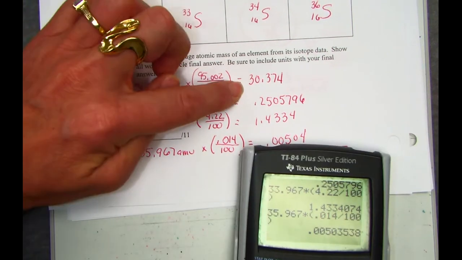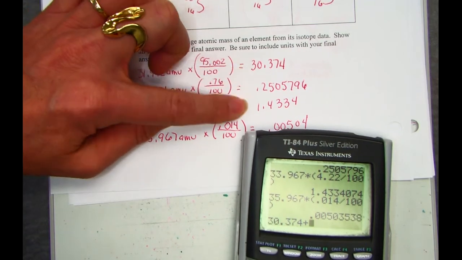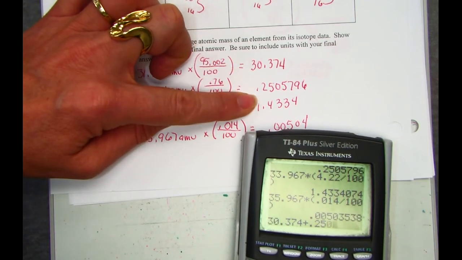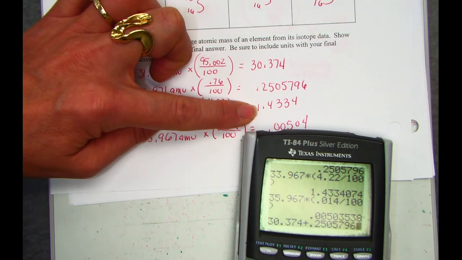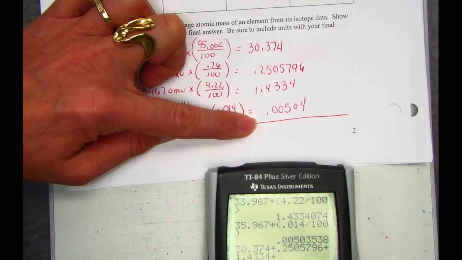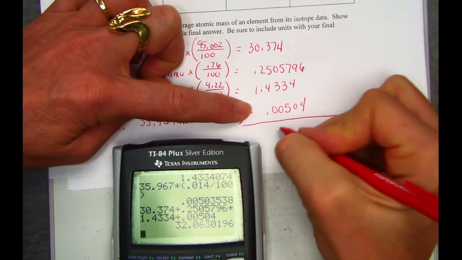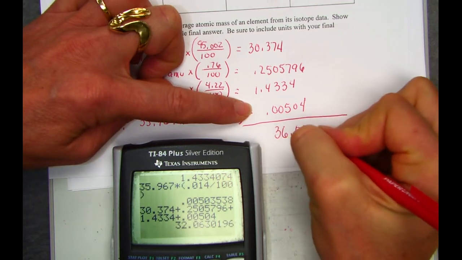In the first set, 30.374 added to 0.2505796 added to 1.4334, and the final contribution, 0.00504. And I get an average, 32.06.